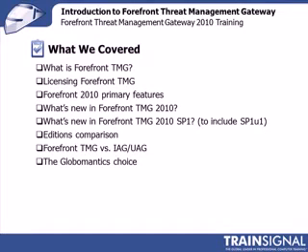In this introductory lesson, we started by talking about the purpose of Threat Management Gateway, and then we talked about how you can license the product in Global Mantic or in your organization. We then talked about some of the product's primary features and had a discussion about what's new in the 2010 version and the 2010 version SP1 and SP1U1 editions that have come out since the original release.